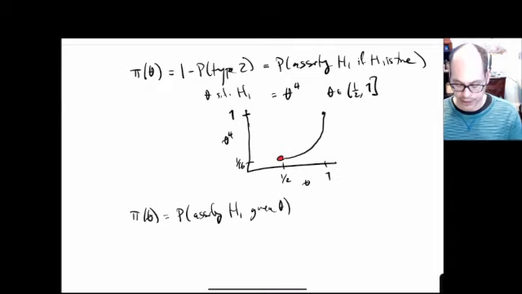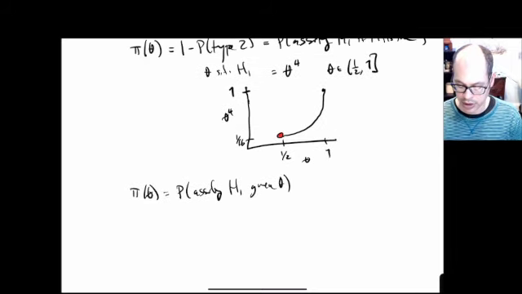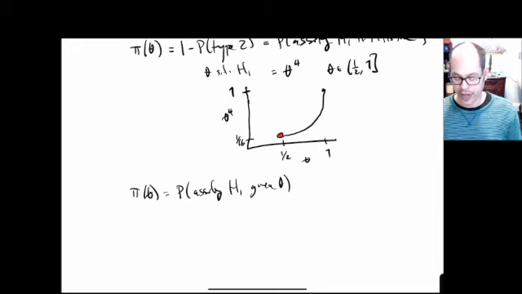So more generally, what we would like to do is, for the test to be powerful, we want to assert that the alternative hypothesis is true as much as we can, unless that makes our type 1 errors go above alpha.